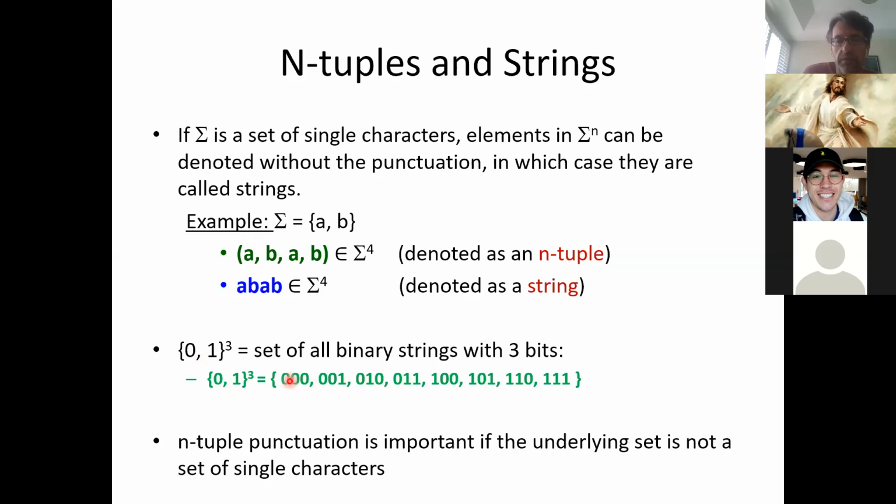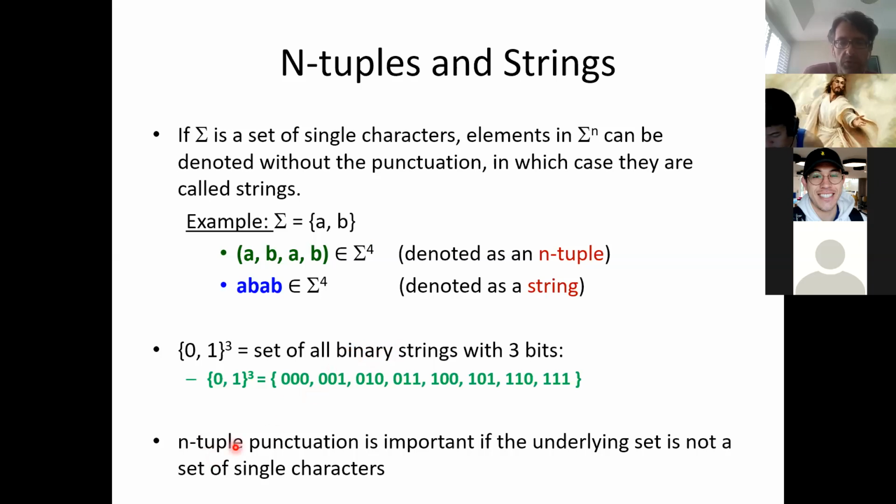Indeed, when my alphabet is ASCII, I can write a word like binary. Where is this word from? It's a 6-tuple where every element is a lowercase English letter, right? So my sigma here could be lowercase English letters, or it could be ASCII.